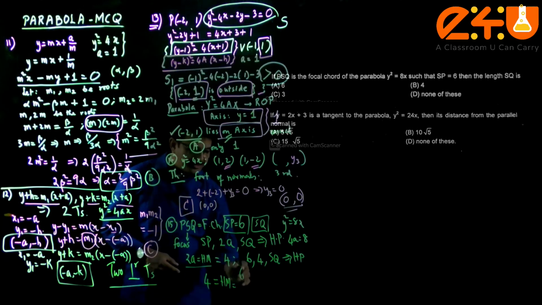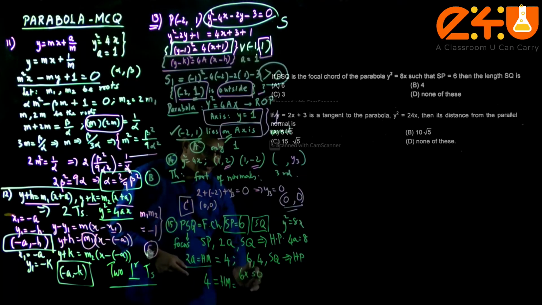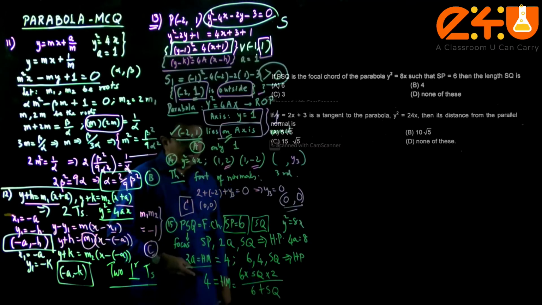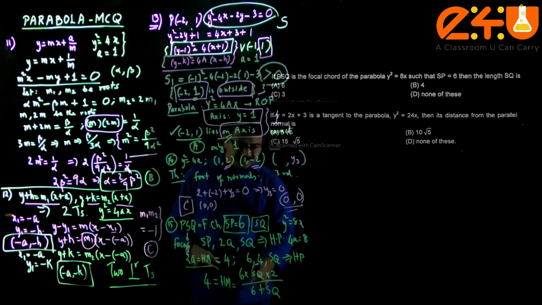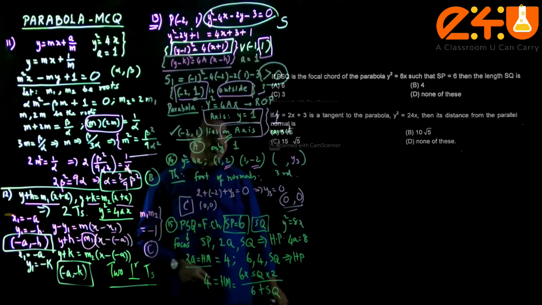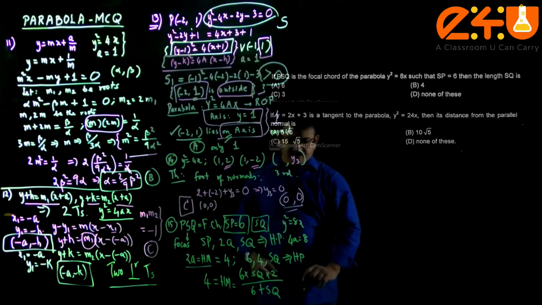So it is 6 times SQ into 2 divided by 6 plus SQ. Okay. Or 2 times 6 and SQ divided by the sum of the first and third terms. 2 times the product divided by the sum. Yes, we can cross multiply and get the answer.